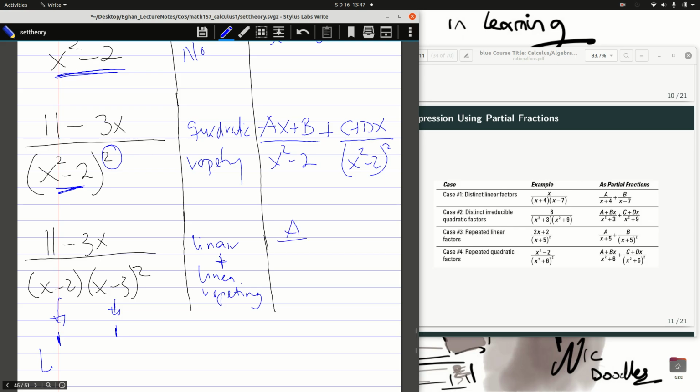So I have a over x minus 2 plus b over x minus 3 plus c over x minus 3 squared, because this part is linear and repeating. So that's how the partial fractions are being formulated. I hope that wasn't difficult to do. You can take more examples and see how you can express the partial form of them.